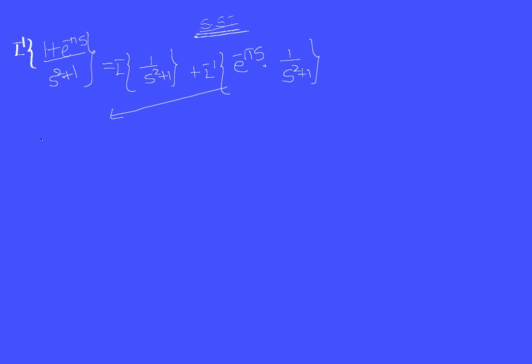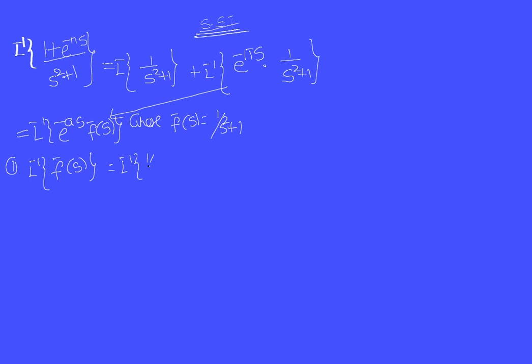This is in the form of L inverse of e power minus as into f bar of s, where f bar of s is equal to 1 by (s square plus 1). So L inverse of f bar of s is equal to L inverse of 1 by (s square plus 1), which is equal to sin t. So f of t is sin t.